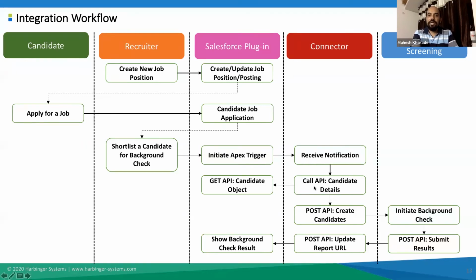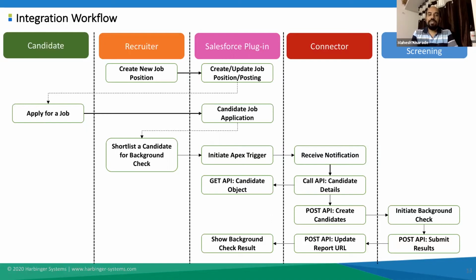Now, one thing I didn't call out here: because we were integrating with different Salesforce plugins, what we observed is that some of the plugins don't capture all the necessary details about the candidate which are required for the background check. That's where we needed a step which would get those details from the candidate.